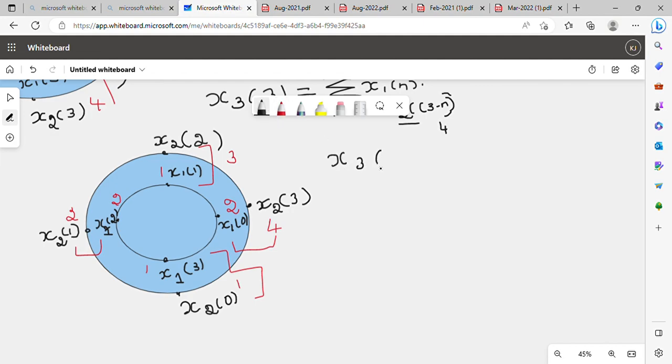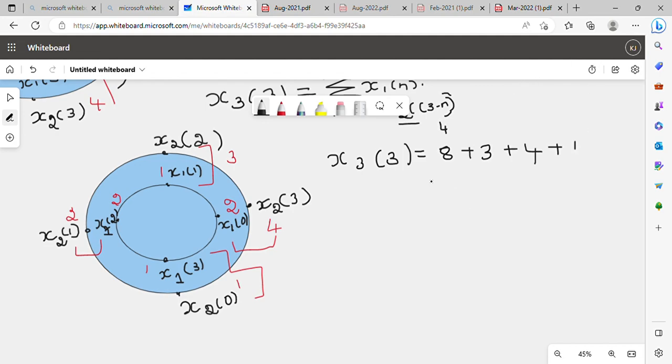Here, 2 into 4 is 8, plus 1 into 3 is 3, plus 2 into 2 is 4, and once again plus 1 into 1 is 1, right?